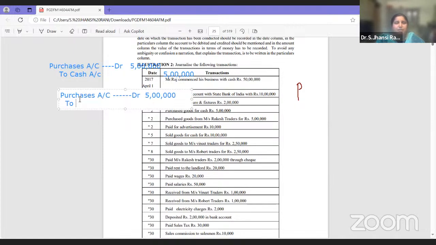I am purchasing from Rakesh Traders. So credit the giver, Rakesh Traders. I'll write to Rakesh Traders account, and the amount is again 5 lakhs, and again it is 5 lakhs.